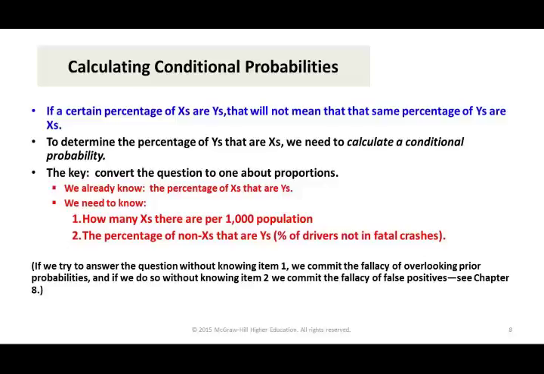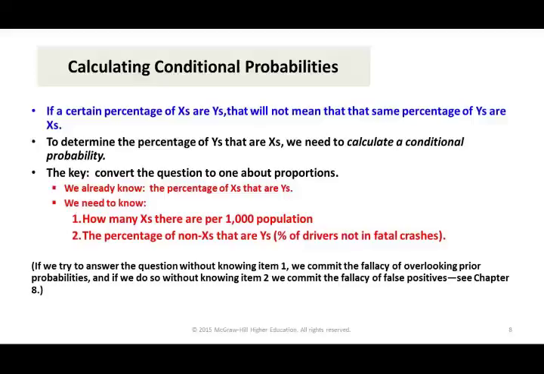What do we need to know? Well, if we're going to calculate the percentage of Y's that are X's, or B's that are A's, I have to know how many X's there are per 1,000, let's say, of the first thing. And I need to know the percentage of non-X's that are Y's. That is, for example, the percentage of drivers that are not in fatal car crashes.